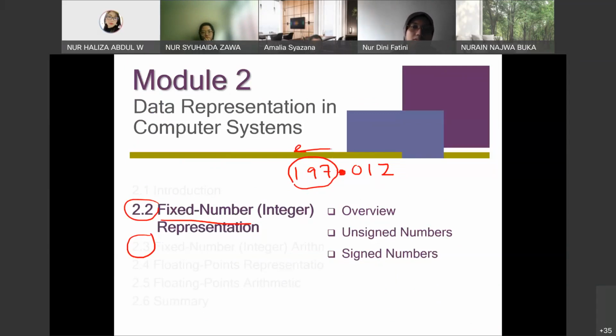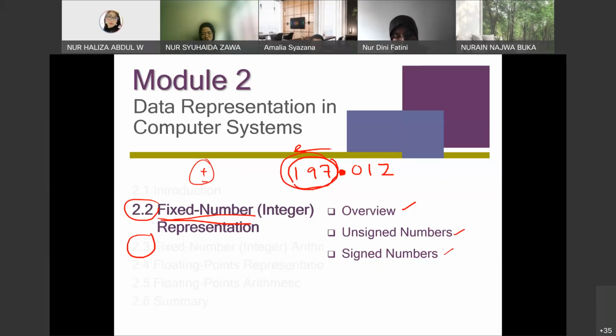At the left of the radix point, it is all a fixed number. This is the overview: unsigned number and signed number. You need to remember this is a fixed number, but you still need to know whether it is a positive, negative, or unsigned number.